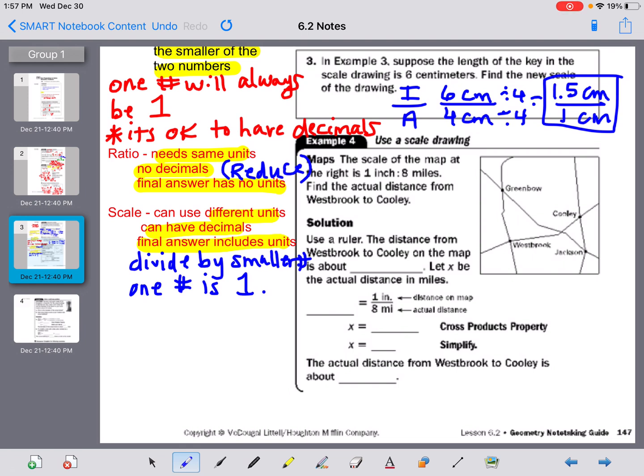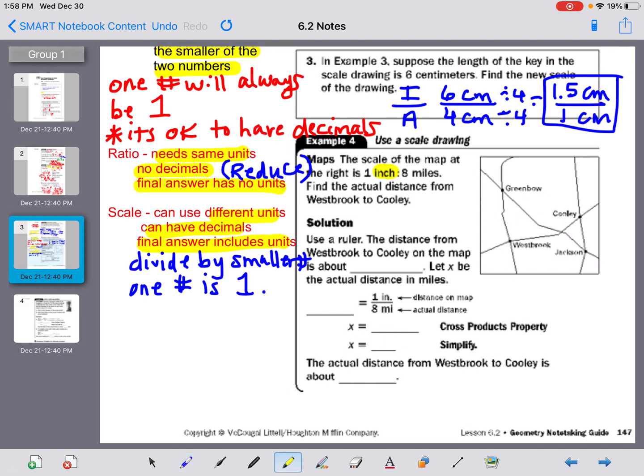All right, let's look at this story problem here. Using a scale drawing. On this map, the scale of the map at the right is 1 inch is 8 miles. Find the actual distance from Westbrook to Cooley. It says use a ruler and find the distance from Westbrook to Cooley on the map. Okay, so if you get out your handy dandy ruler, we have to think, which side of the ruler do we use?